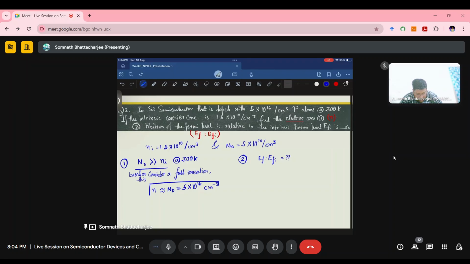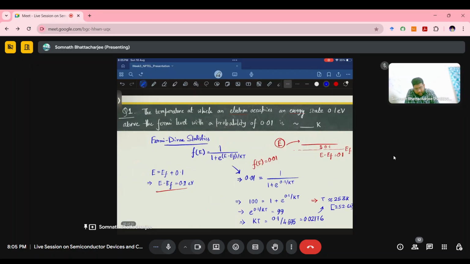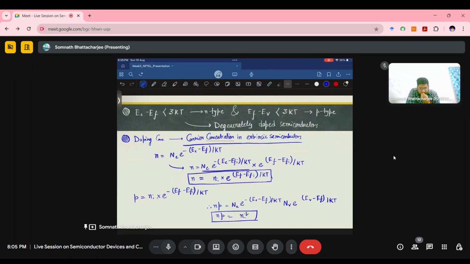So this would be the value of electron concentration. So what about the second part? We have learned about the formula, I guess, here on this page.